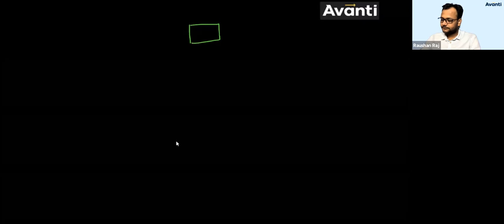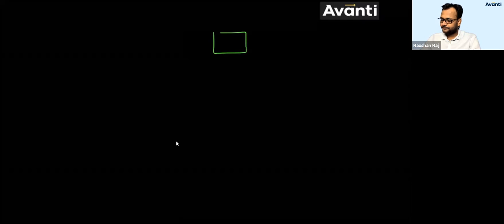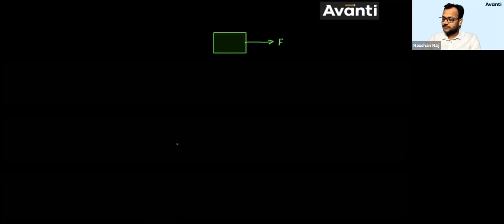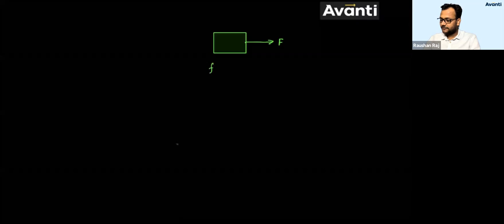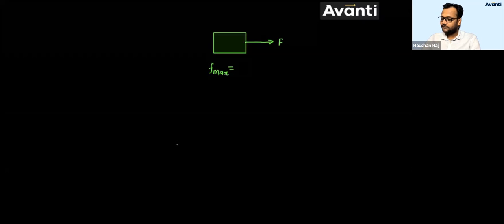That if there is a block like this, let me draw the block here. Let's assume this is the block, and this is the external force F, and the maximum friction possible here, F max, is mu n.